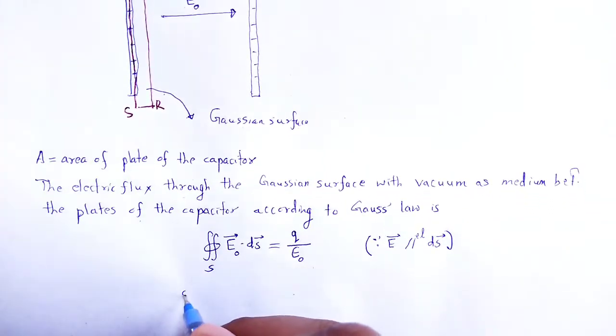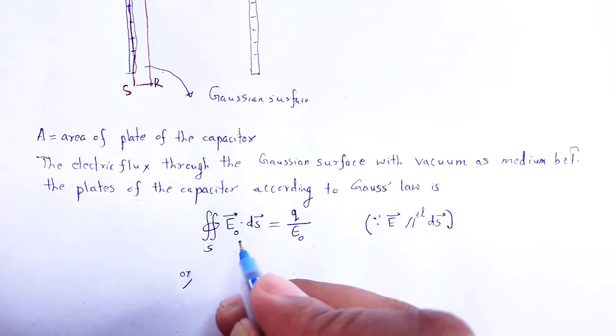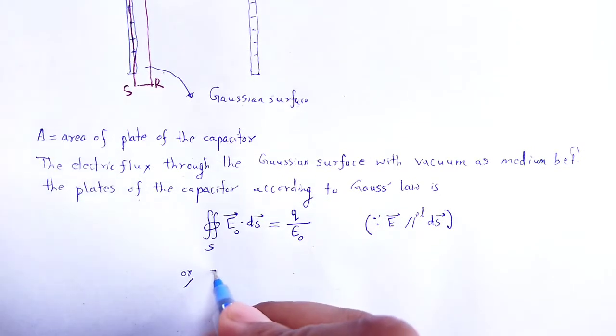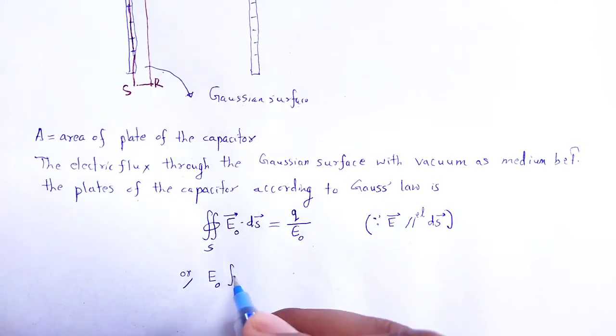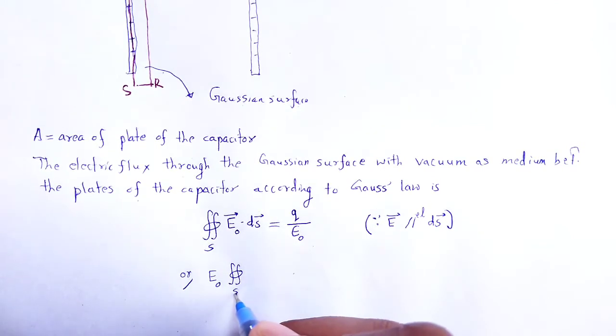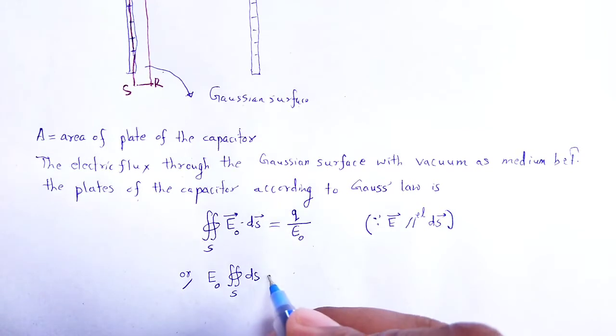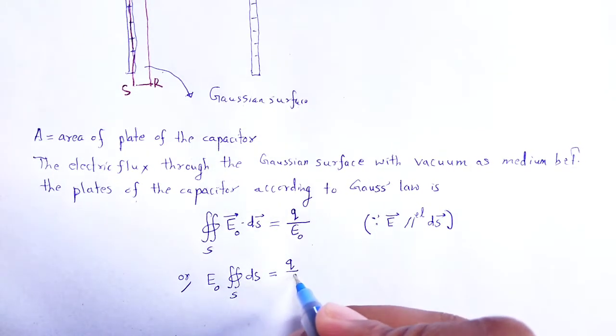Therefore, we have E ds only. So, E naught outside, closed surface integration over S of ds is equal to q by epsilon naught.